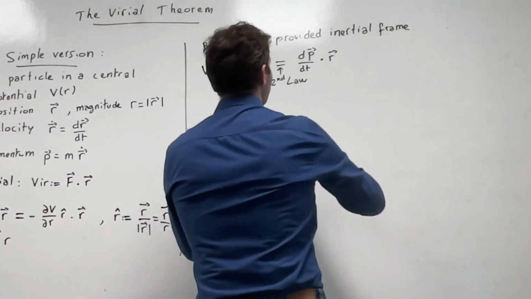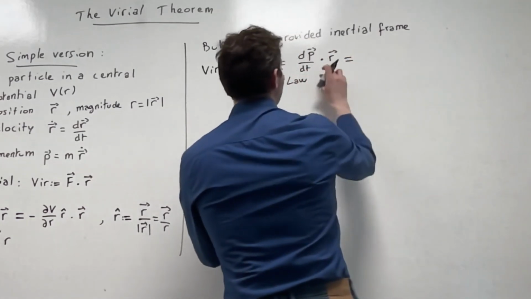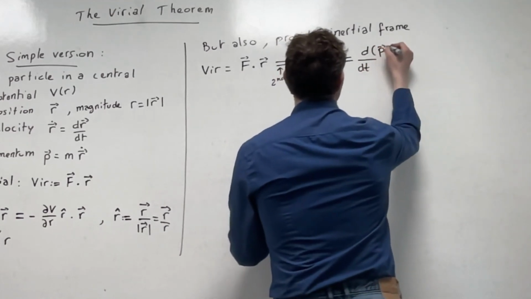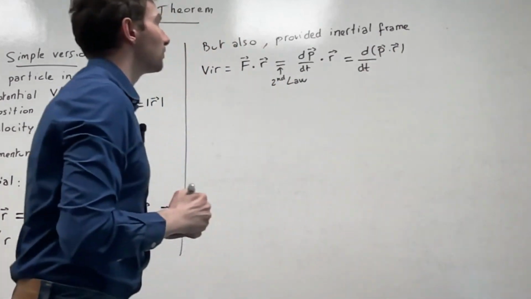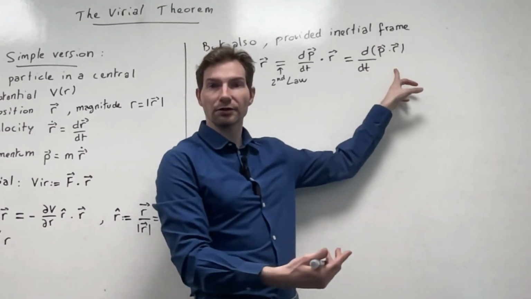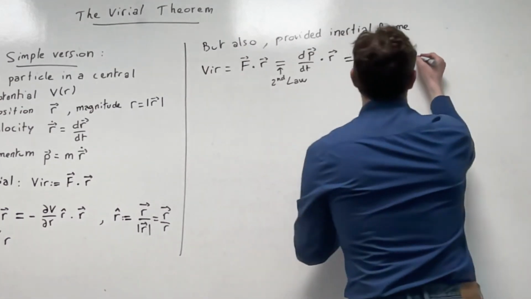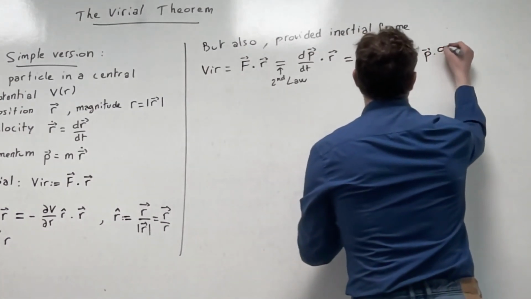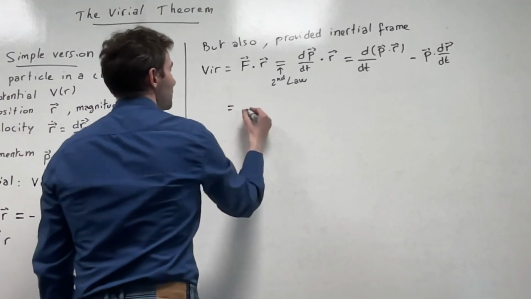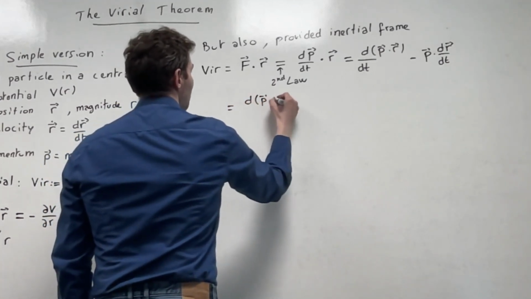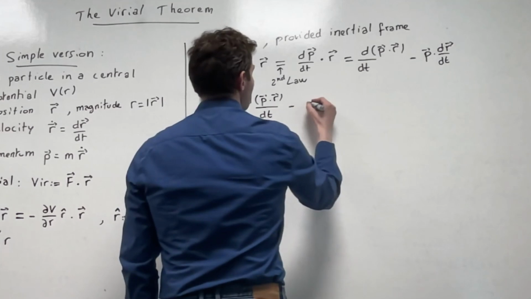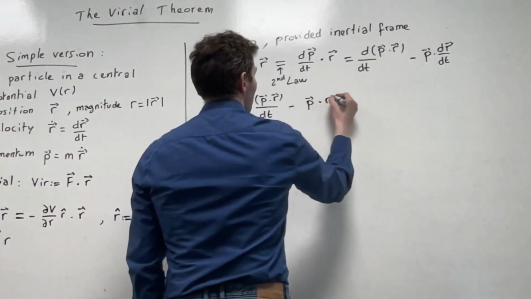I recognize that dp/dt dot r can also be written as the derivative of p dot r, so momentum dot r, minus the other derivative that comes from the product rule, so minus p dot dr/dt. Essentially, you've got d of p dot r over dt, and then minus, for now, r dot.